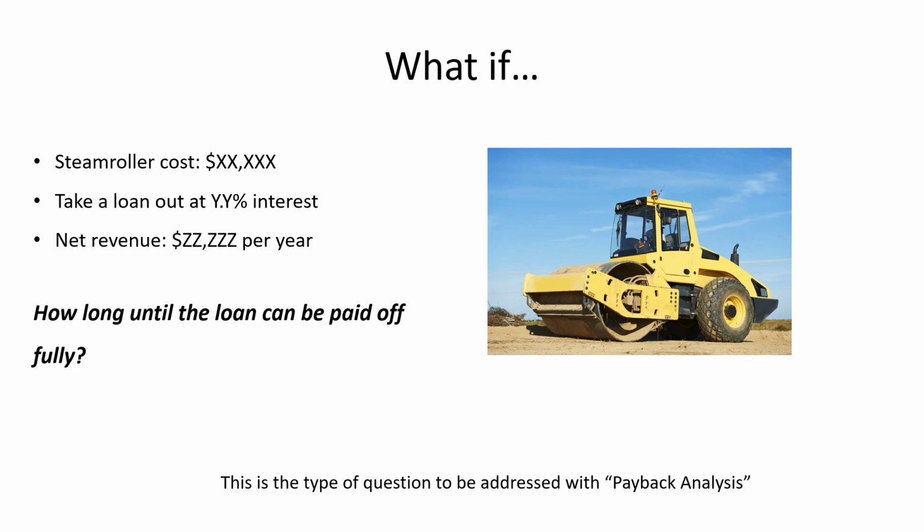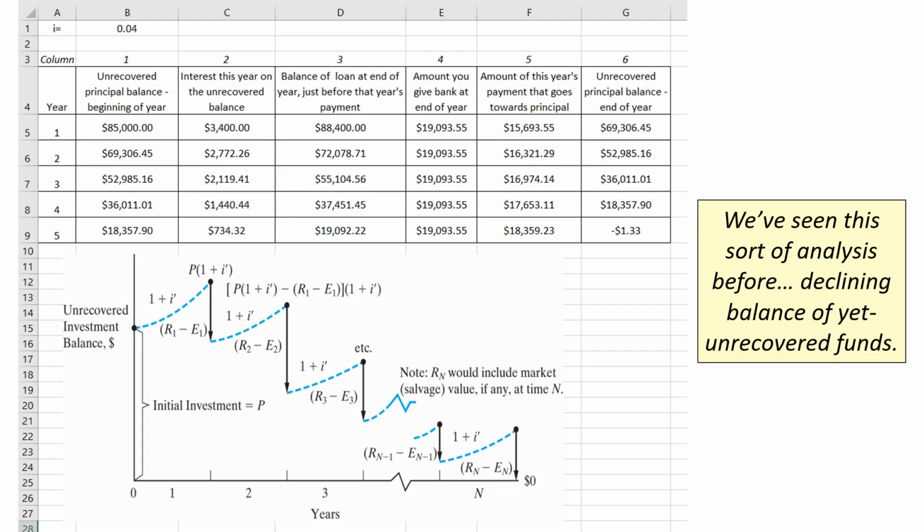Like if the expected lifespan of the equipment is less than how long it takes to pay it off, then that would argue in favor of thumbs down. Don't do it. Don't buy the equipment if you can't pay it off in the amount of time it's going to last. So this is the kind of question that can be addressed with payback analysis. It's just analyzing how long for the loan to be fully paid off, and then the most common way we'd use that information is by comparing it to the useful life.